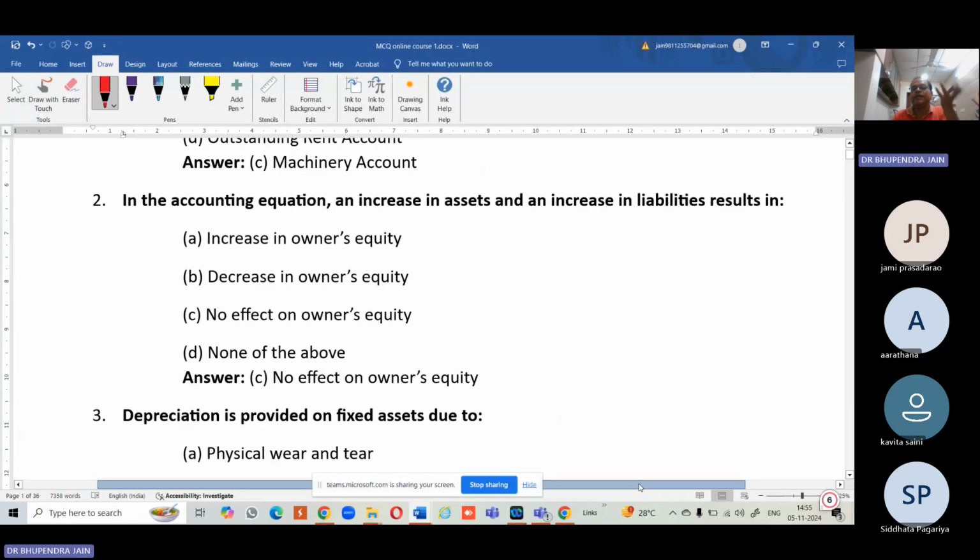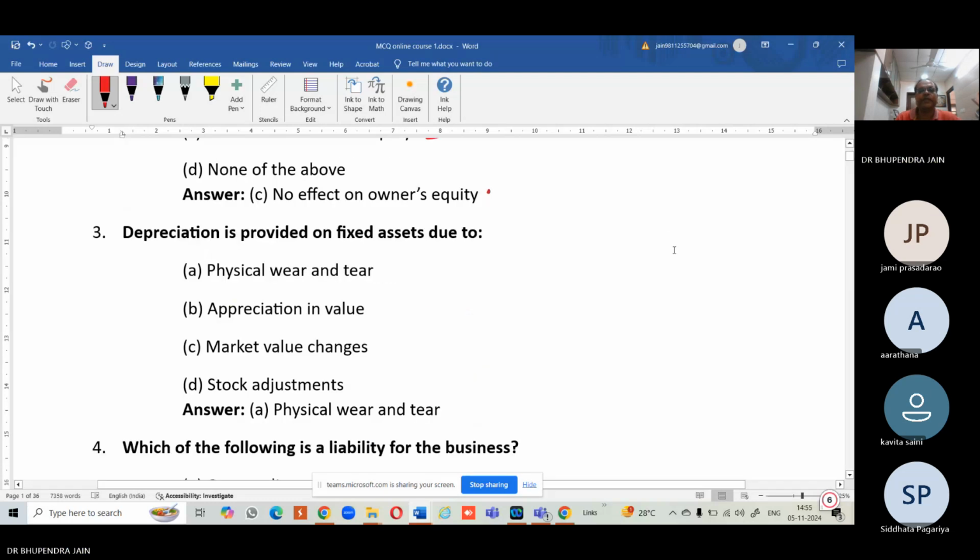So whenever we increase the assets and increase the liability, there will be no effect on the owner's capital or on the accounting equation. So what is written? Increase in owner's capital? No. Decrease in owner's capital? No. Yes, no effect on owner's capital. So this is the correct answer. Next.